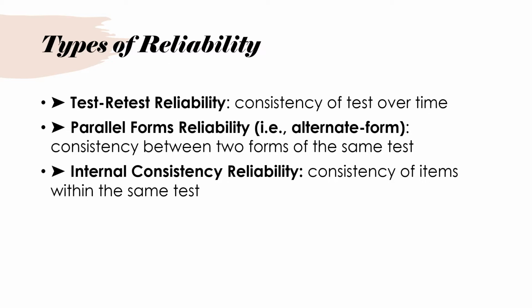Another type of reliability that we already read about in our reading for this week is internal consistency reliability. This tests whether there's consistency of items within the same test. Typically, this is going to be super easy to do. You'll have all of the data in SPSS, and when you're running your data, you can click to run a Cronbach's alpha for your particular measure.